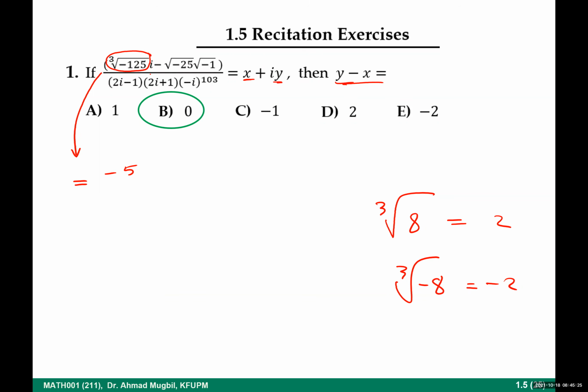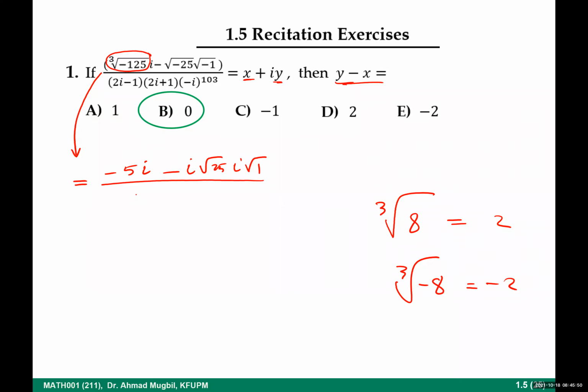Now we have i next to it. This is i minus, what is the square root of -25? It is i square root of 25. I want you to always use this to avoid any errors. And this will be i square root of what? Of 1. Is that right? Now, let me do that in the next step. Now, what is 2i minus 1 multiplied by 2i plus 1?